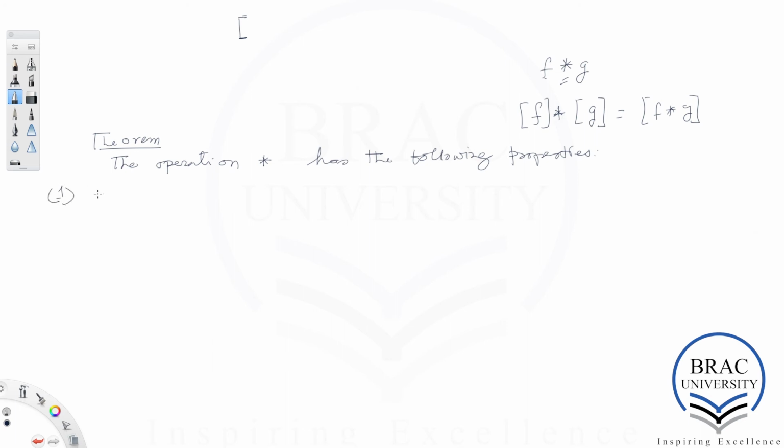One, associativity. It tells us that if the class of F star the class of G star the class of H is defined, and it is defined if the final point of F is the same as the initial point of G, and the final point of G is the same as the initial point of H, then this product is defined.